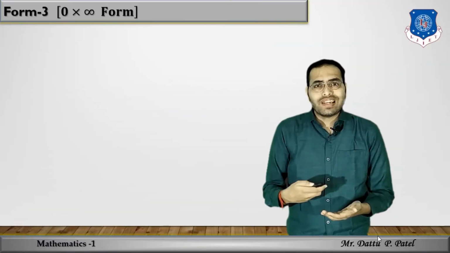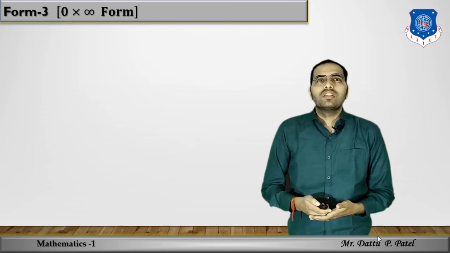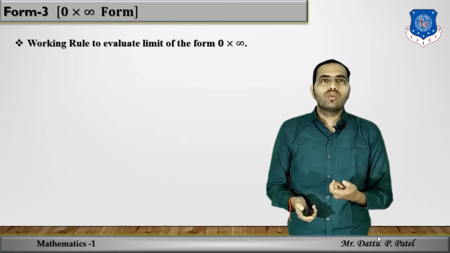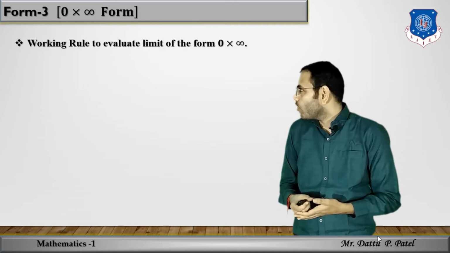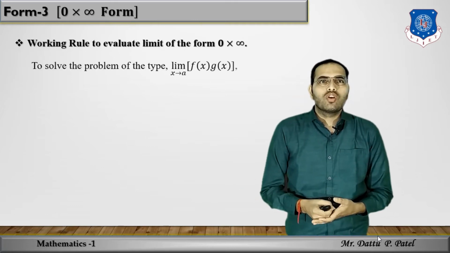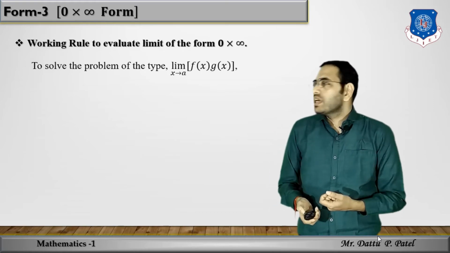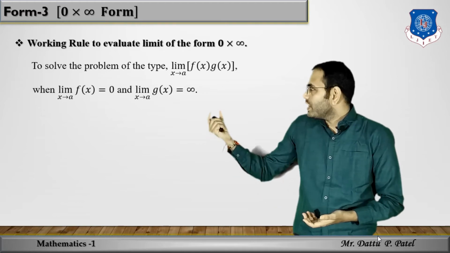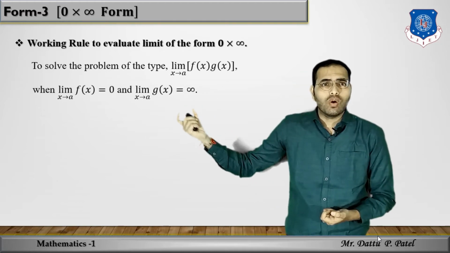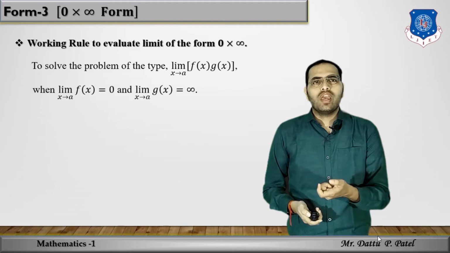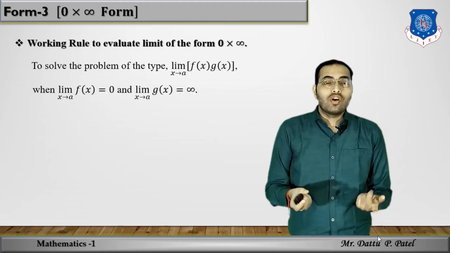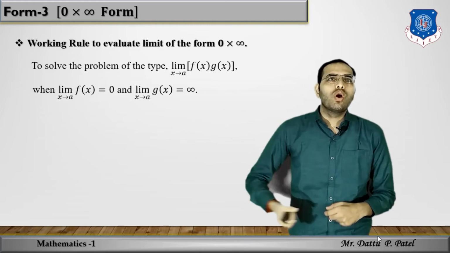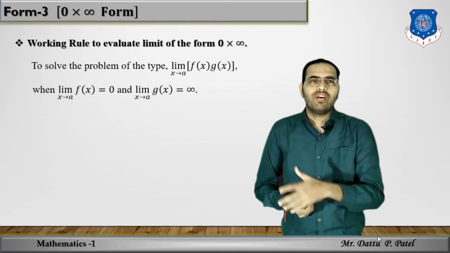Now let's see the third form, which is the 0 into infinite form. Firstly, the working rule for evaluating a limit in the form 0 into infinite. To solve such kinds of problems, limit x tends to a of f of x into g of x, where limit x tends to a of f of x equals 0 and limit x tends to a of g of x equals infinite, or we can say limit x tends to a of g of x equals 0 and limit x tends to a of f of x equals infinite.